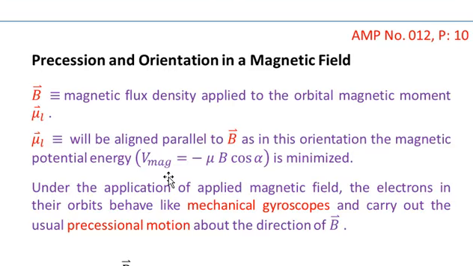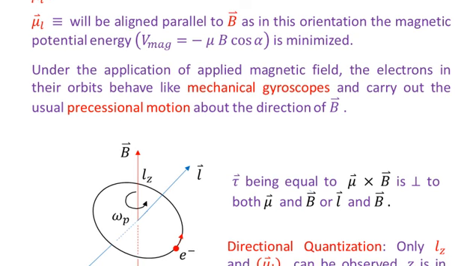One will carry out its precessional motion about the magnetic field, and the other about the minus magnetic field. Under the applied magnetic field, the electrons in their orbits behave like mechanical gyros and carry out the usual precessional motion about the magnetic field.